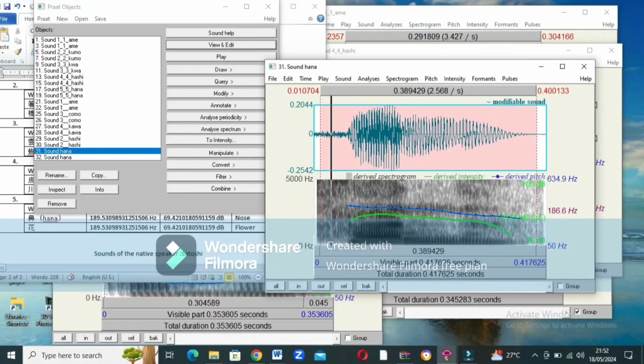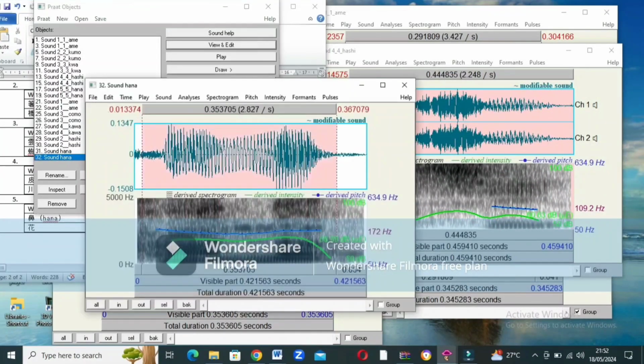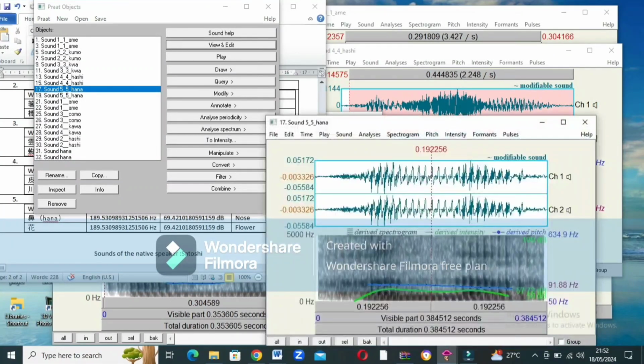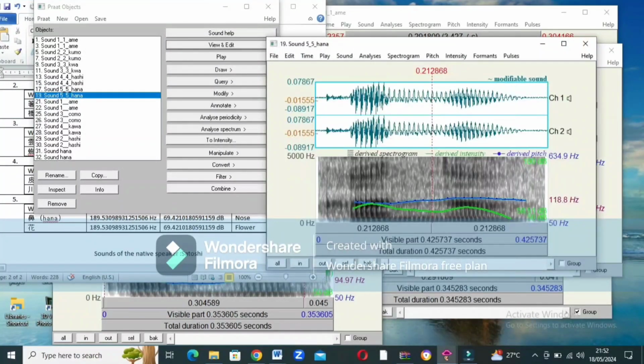Okay, it's clear. The second voice. Okay, we move to Satoshi's voice. This is the first hana of Satoshi's voice, and the second hana of Satoshi.